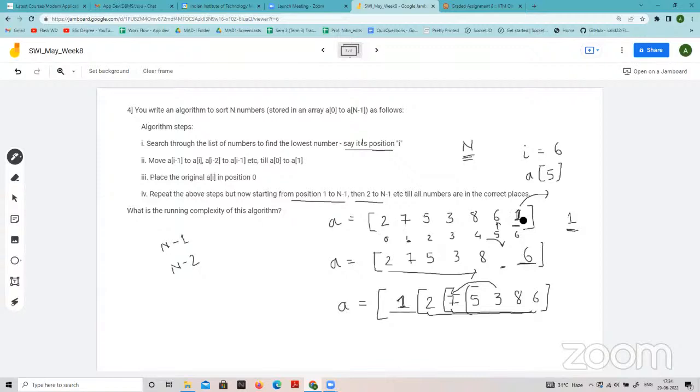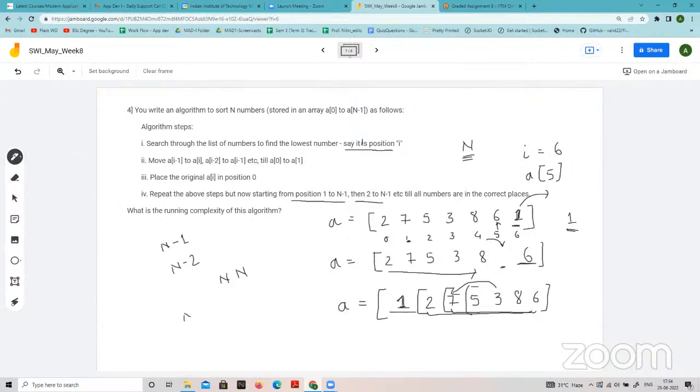Okay, I found the lowest number. For that, I will take n steps. And shifting that number to the lowest point will again take n steps. So initially, I'll take n steps to find the lowest number for that array, and then n steps again to do the shifting.